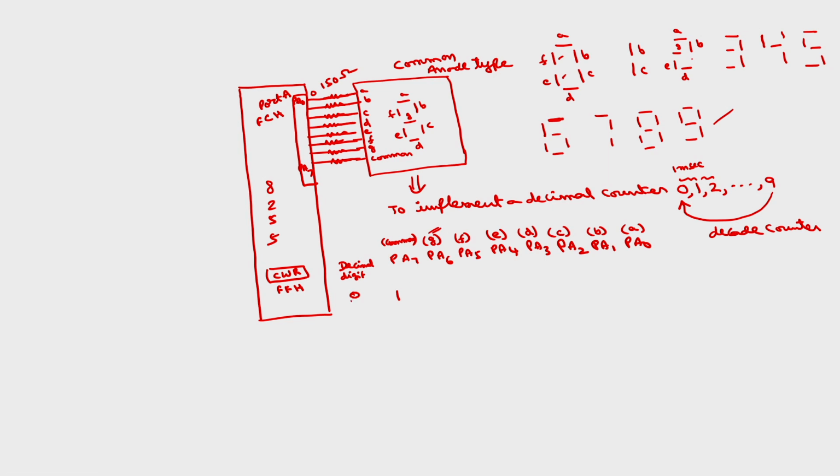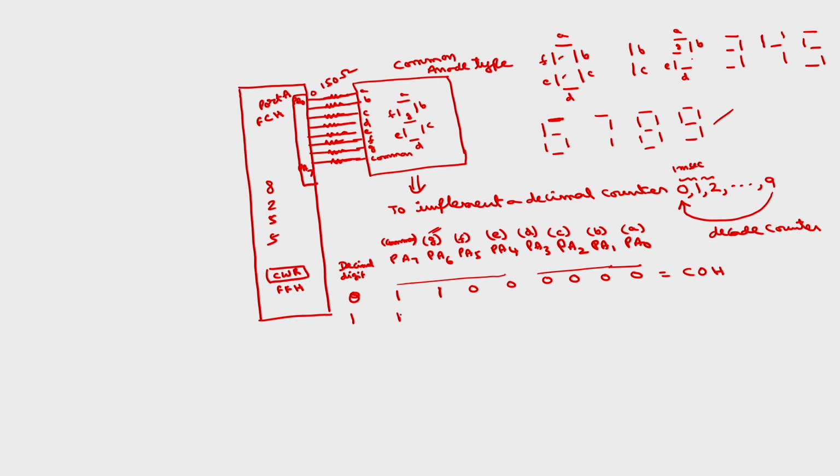So, G must be 1, all the others will be zeros. 0 means the segment will be selected because this is common anode type. So, what is the hexadecimal code corresponding to 0? 1100 is 12, this is 0. 12 is nothing but C, so C0H in hexadecimal. Okay. Similarly, you obtain for 1, 2, and so on up to 9.